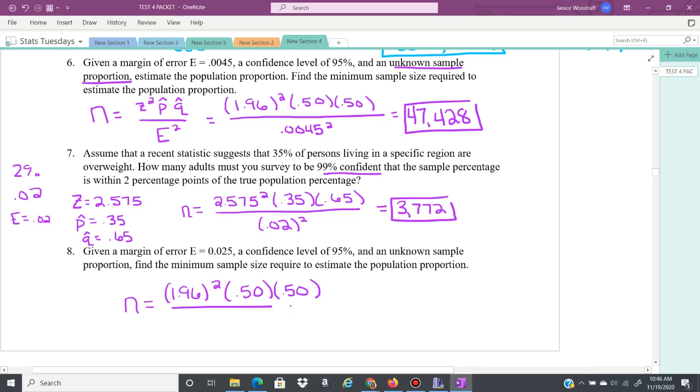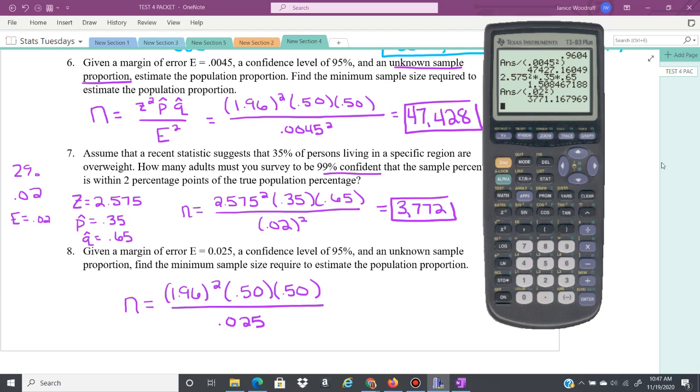And our margin of error is 0.025. All right, so we have a larger margin of error. The previous one was a very small margin of error, so that needed a humongous sample size. This is probably going to be a bit smaller because the margin of error gives a little bit more room, 2.5% as opposed to 0.45%.